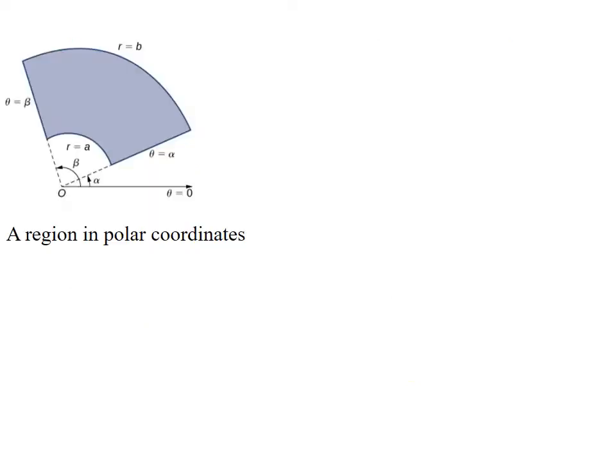Now, if you remember from Calculus 2, when we talked about polar coordinates, when you're trying to describe regions in polar coordinates, you can't use rectangles where you've got length and width of rectangles. Instead, we have to set up sectors of circles that we can use.